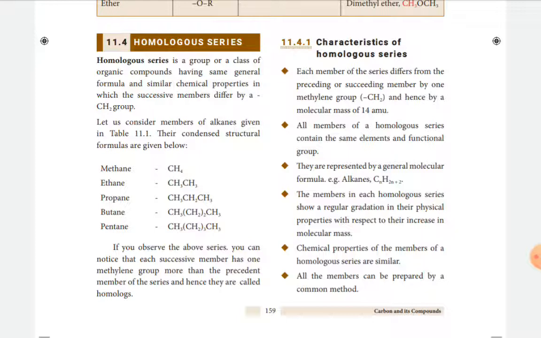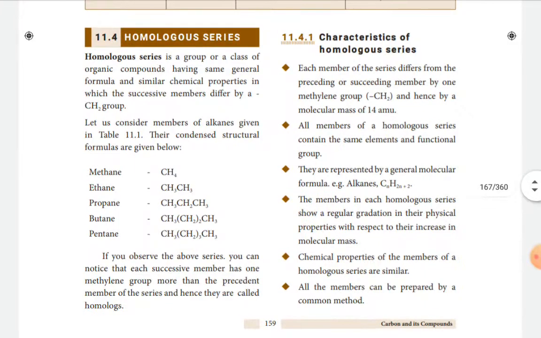Only the difference is the methylene group. Each member of this group differs by one methylene group, CH2. So the difference in their molecular mass is 14 and the functional groups are the same.